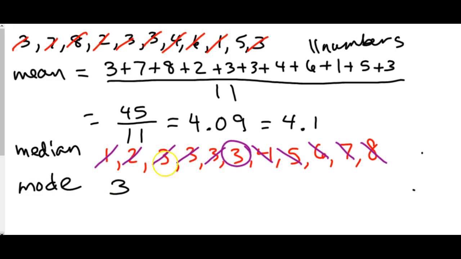That's the number that repeats the most. And then the range is the biggest number, 8, minus the smallest number, 1. So the range would be 7. So that's how we find the mean, median, mode, and range.